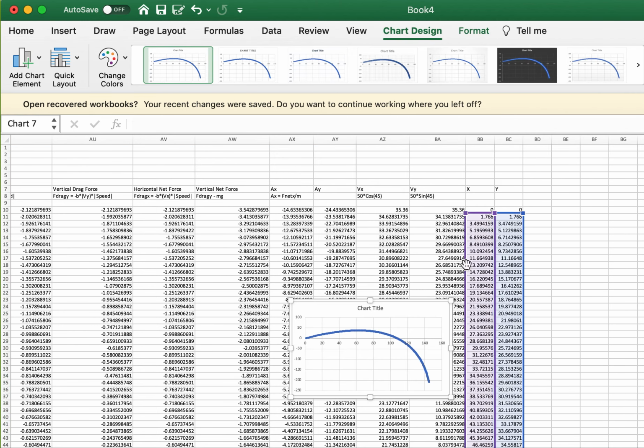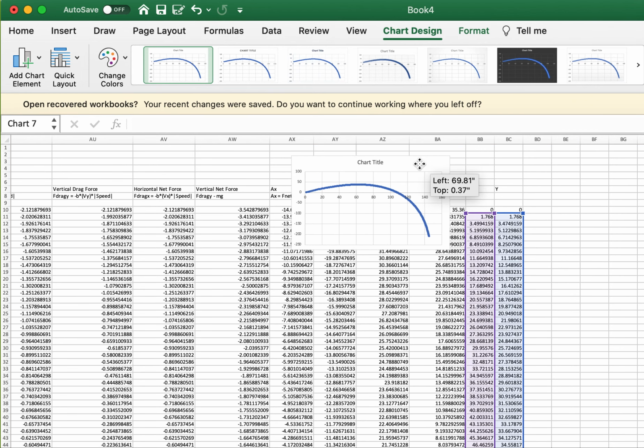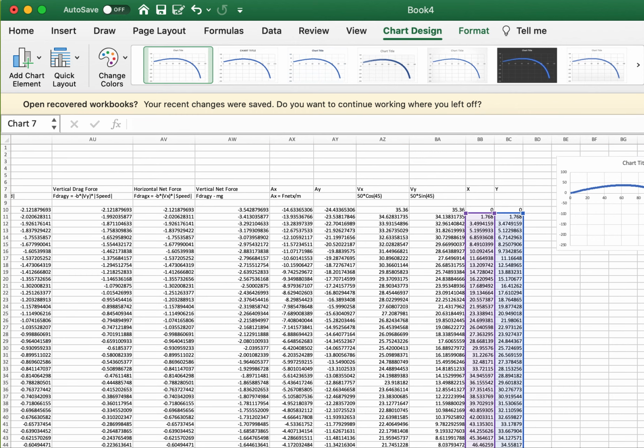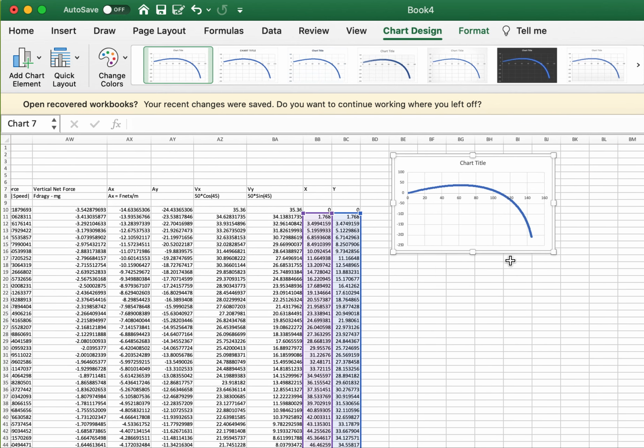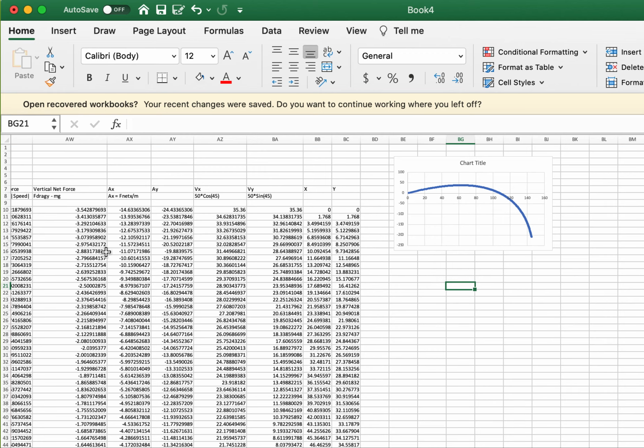Alright, so there is our projectile's path. Now I didn't include an example without drag, but you know what it would look like, right? It would be a parabola. It'd be a perfect parabola if it was without drag.